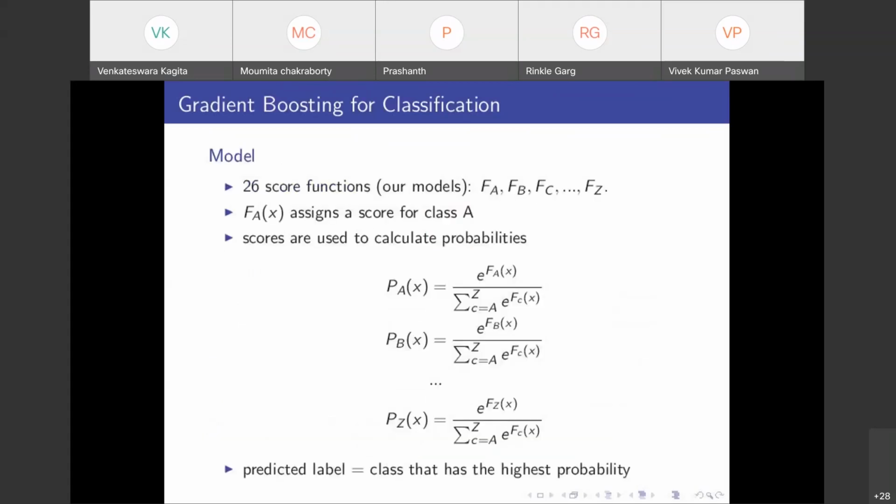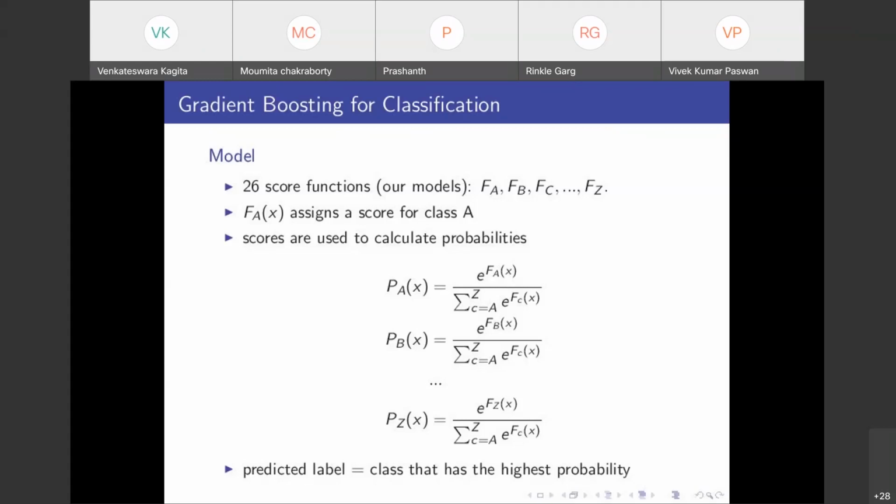Therefore, we have 26 score functions. Each one of them gives the likelihood of a particular class. So for example, if you see the logistic regression for multi-class classification problem, we are computing the score of the individual classes, and finally we are computing the probability of each and every class, isn't it?